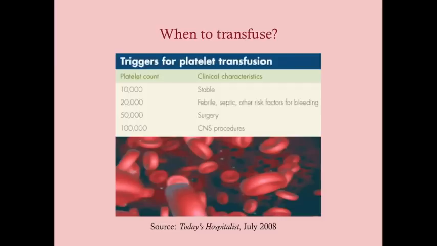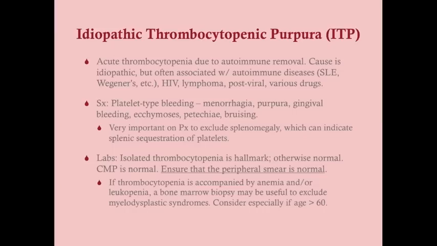Okay, so ITP. ITP, unlike the other diseases we've been talking about, is a quantitative disorder of the platelets. Up until now, we've been talking about platelets being disordered themselves, a qualitative defect of the platelets. Now, ITP is a quantitative defect of the platelets. You have thrombocytopenia.